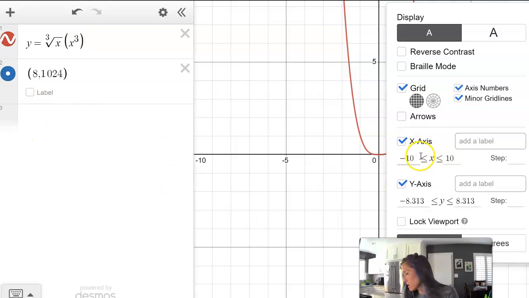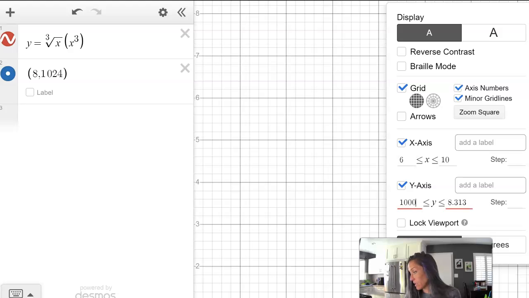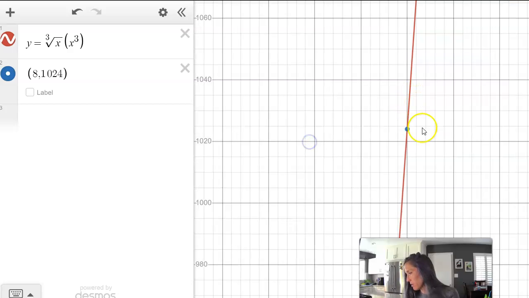So let's go from 6 to 10, so 8's right in the middle, and then from 1,000 to 1,100. Okay, so my point's right there in the middle.